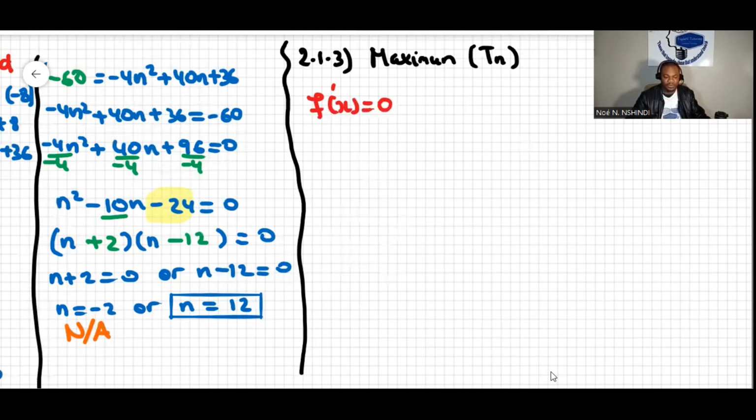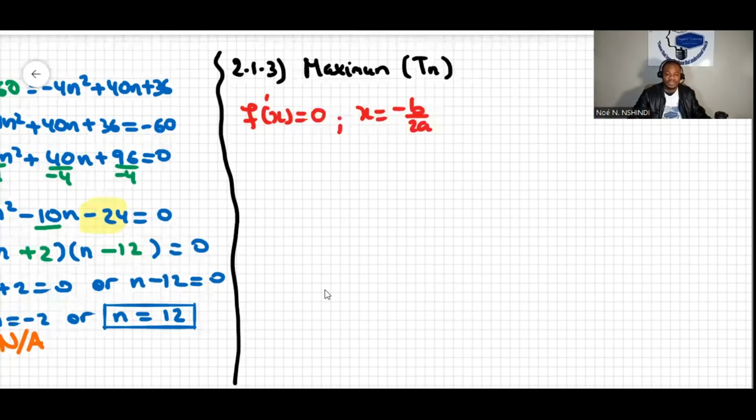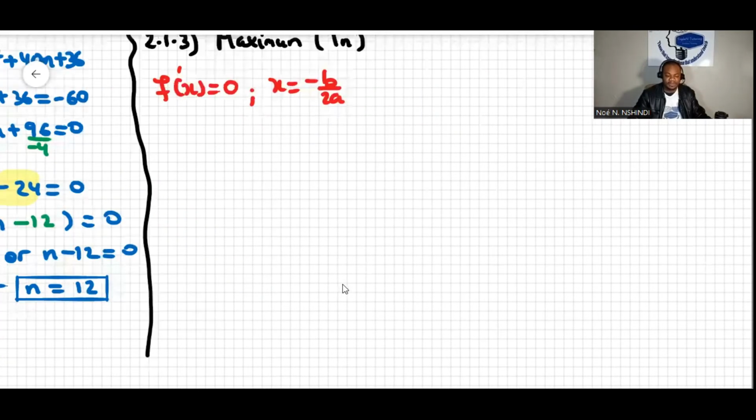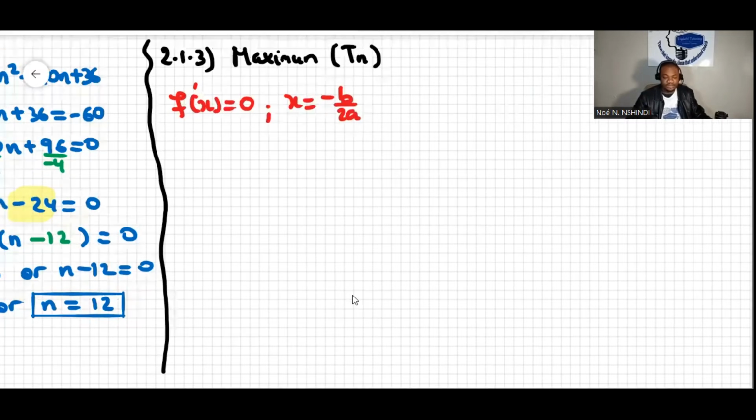Or we can also say x is equal to minus b over 2a, which determines the line of symmetry. Or we can find the average of the intercepts, x1 plus x2 over 2, where x1 and x2 are the intercepts. Those are the three ways we can determine the maximum of a function.